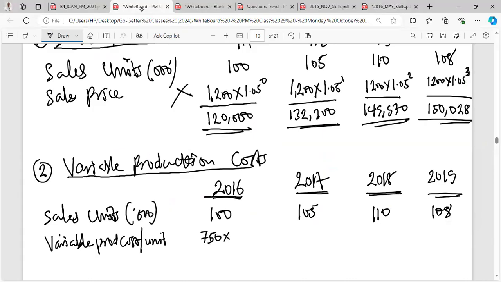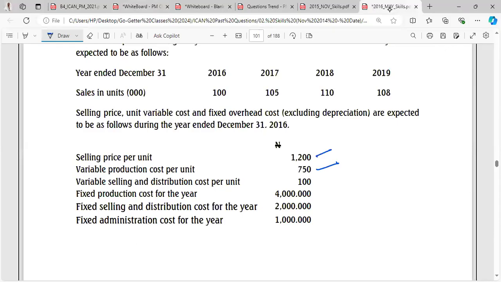Of course, we'll start with our times. So we'll come here and do it again. 750 multiplied. By now, you know why we are doing the multiply. Now, we'll come back again. Variable production cost per unit is 750.